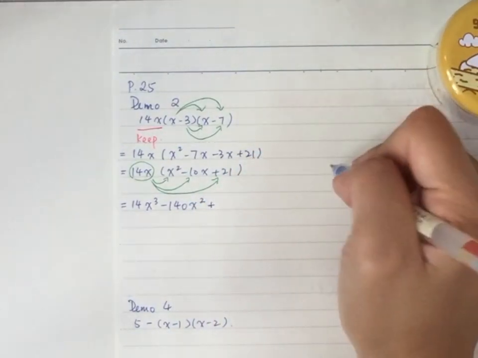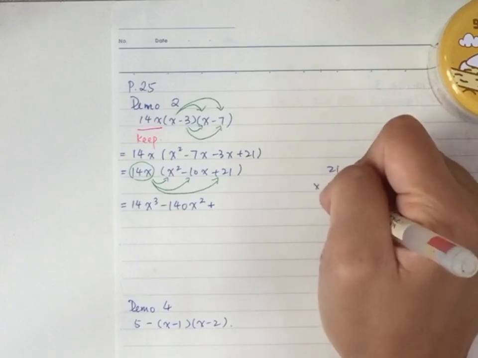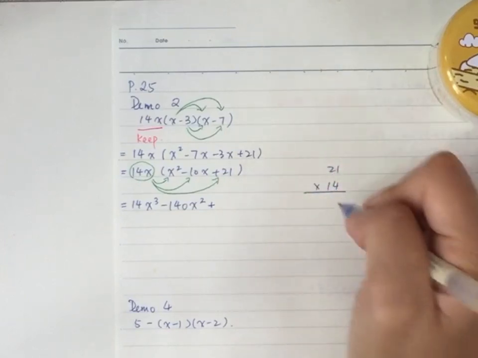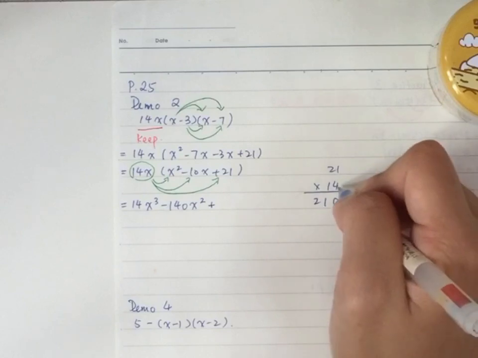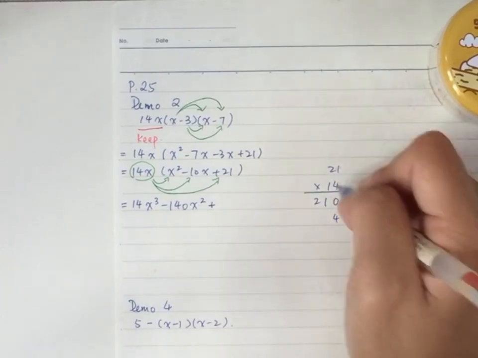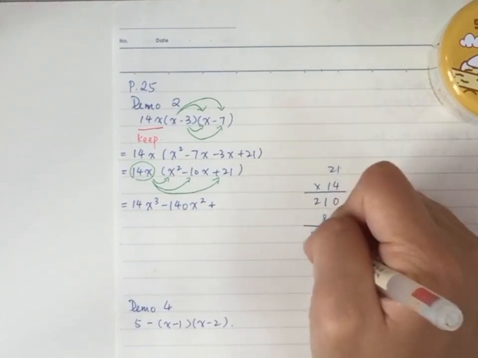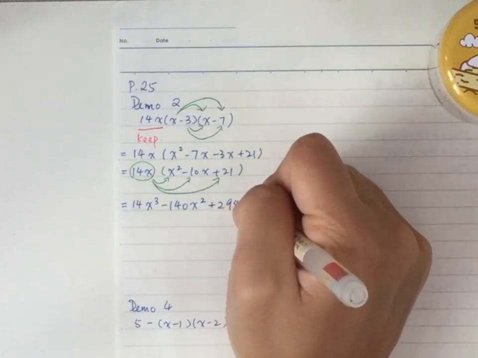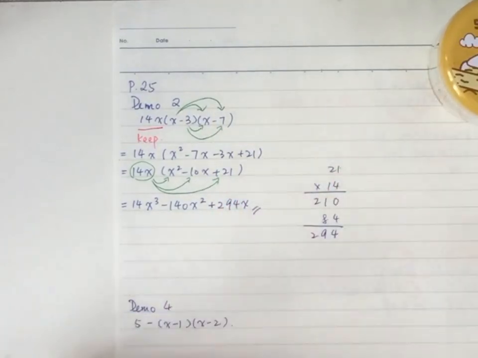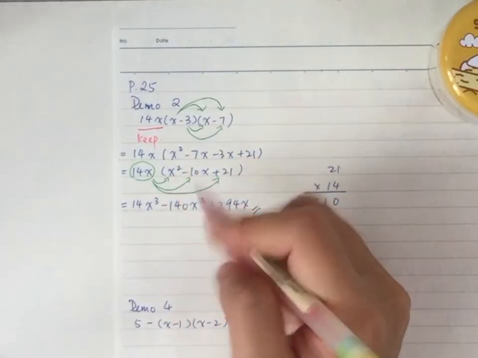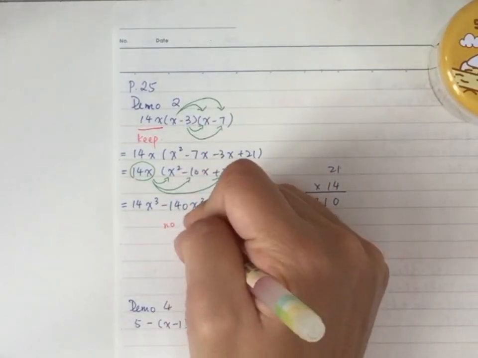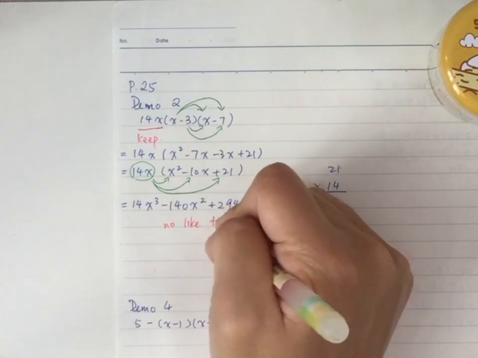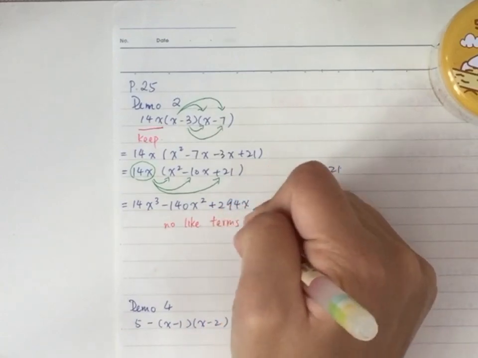And if you forget how to multiply that one, you can use long division for 21 times 14, and together we get 294. And don't forget the x. Right now we don't have any like terms, so it means it is completed.